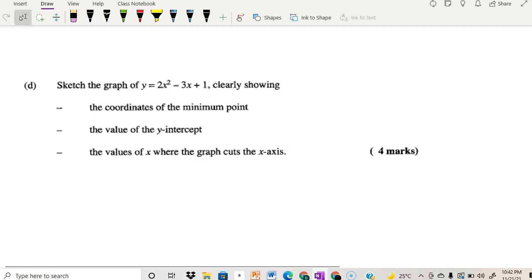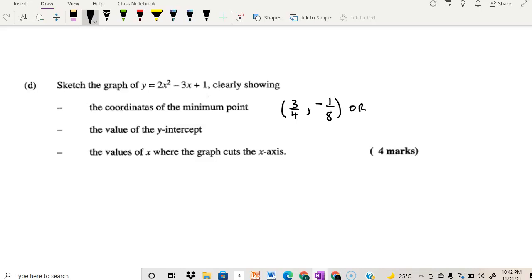So our minimum point is where we have our axis of symmetry, and we already know our axis of symmetry is 3/4. And the minimum value is -1/8. Guys, it's good practice to write these as decimals because we're going to have to put them on the graph. They ask that we sketch it. It really gives you a sense of where the points are going to be on the graph paper.